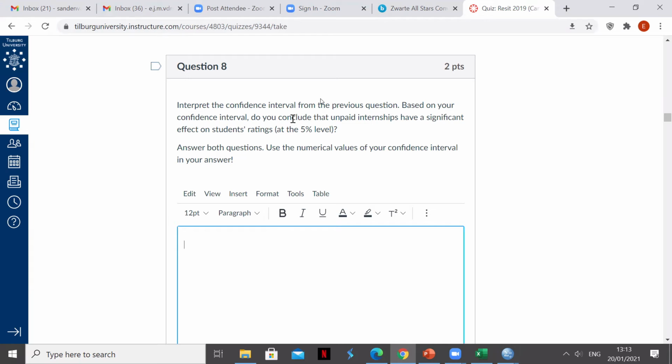Okay, interpret the confidence interval from the previous question. Based on your confidence interval, do you conclude that unpaid internships have a significant effect on students' ratings? Answer both questions. Okay, first we give our interval. The interval is, you put it between brackets, so the lower bound of 0.16. And what is our upper bound?